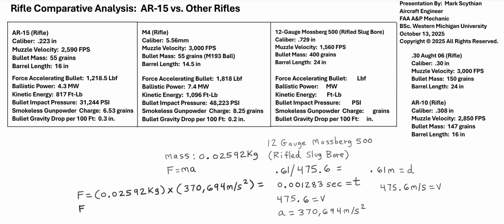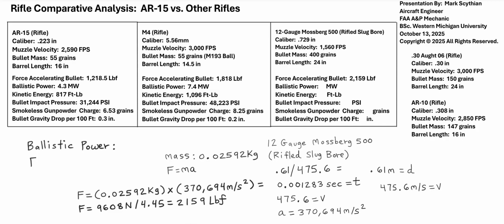Next, we can stay with the 12 gauge Mossberg 500 rifled slug bore at 400 grain round, 1560 feet per second. So again, force is mass times acceleration. The 400 grain round is 0.02592 kilograms times the acceleration, which is a lot less because we look at the V over the T, and it is a bigger round, right?